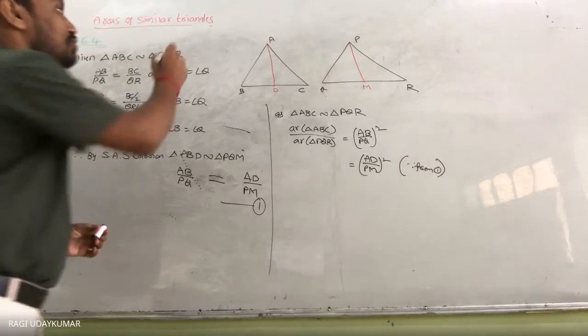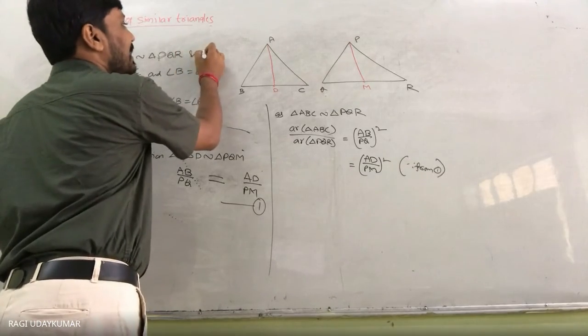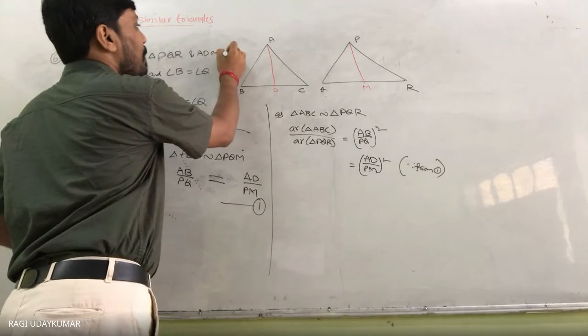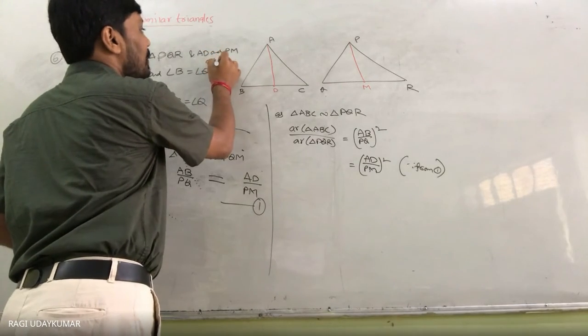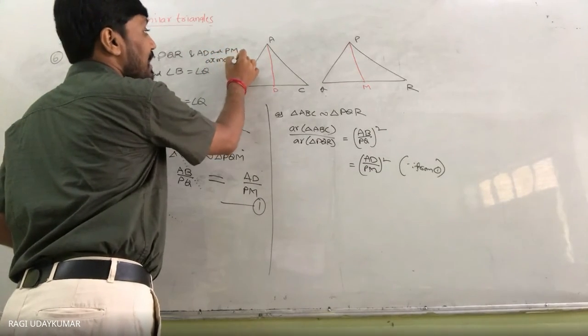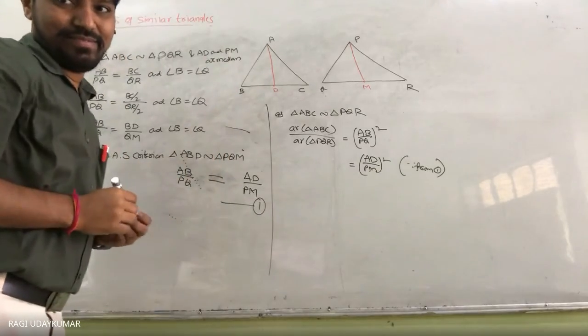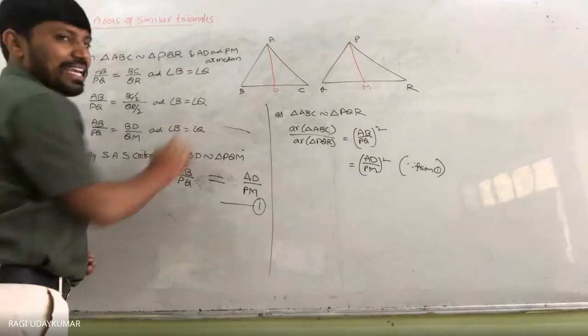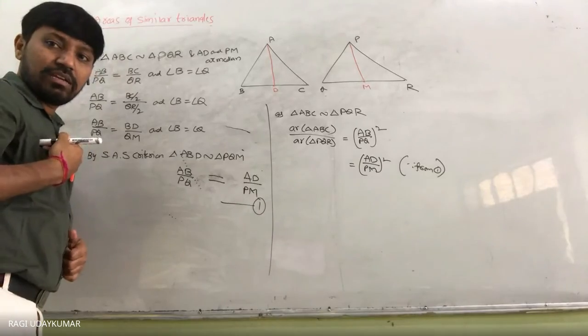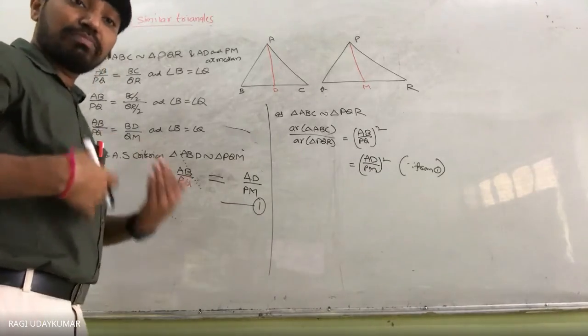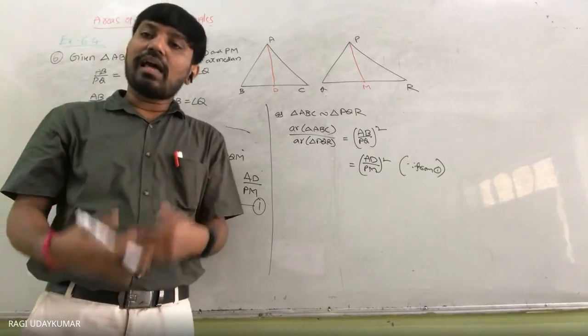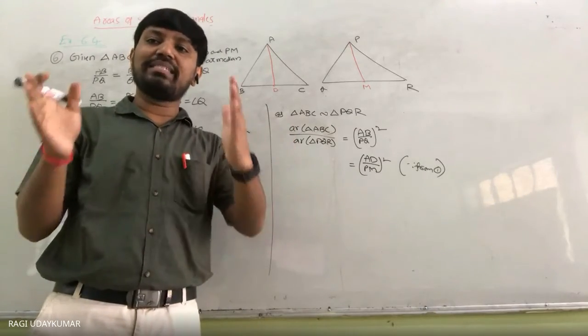We have to write that AD and PM are medians, to make it a very complete solution. We did not mention it because we know it, but our explanation should be in such a way that an unknown person should also understand by seeing your paper.